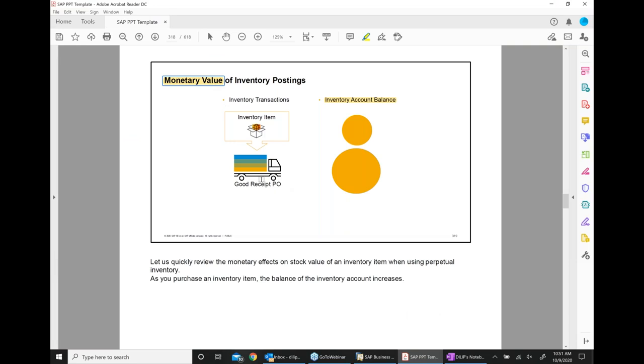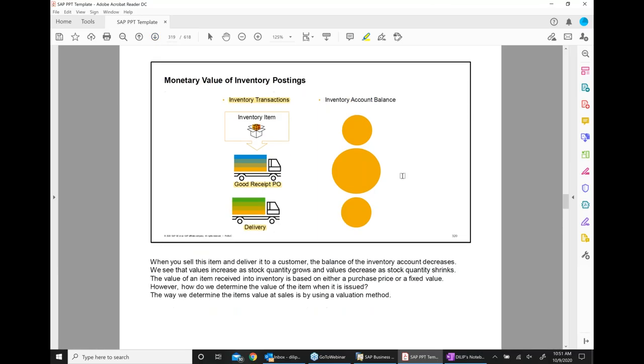So when we do goods receipt against a PO, value goes up. Then we do a delivery. Remember, we did delivery many times. At the time of delivery, value goes down. So at the time of every goods receipt, value goes up, and at the time of delivery, value goes down.